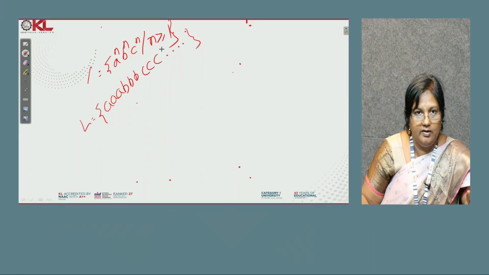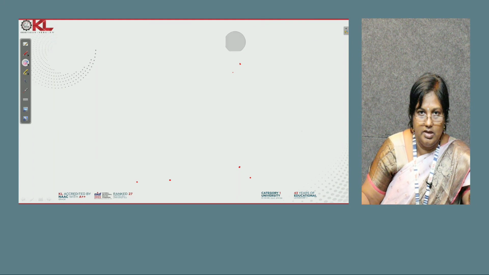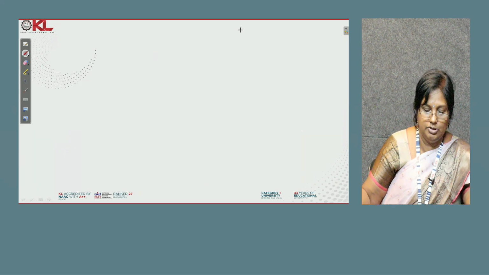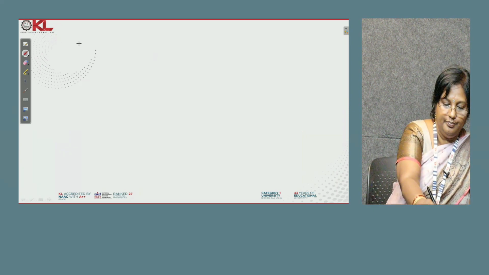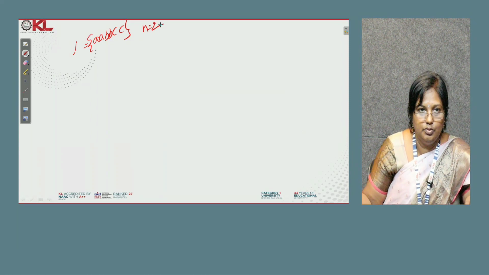Now let us take one string and see how it is accepted by the linear bound automata. I am taking the string AA BB CC, with n equal to 2, and then applying the linear bound automata.